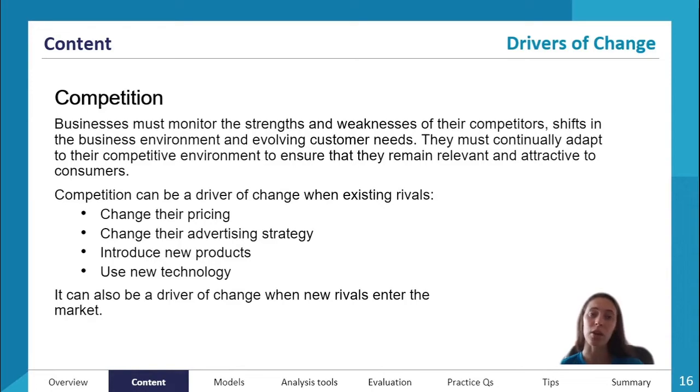So a number of years ago now, in the supermarket space, I think it was a Dutch company that was going to come into Australia as a new supermarket chain, and that would have greatly impacted Woolworths, Coles, Aldi, etc. So that didn't end up occurring, but it would have been on the radar of those businesses because they would have had to come up with strategies to make sure that they didn't greatly lose their existing market share.